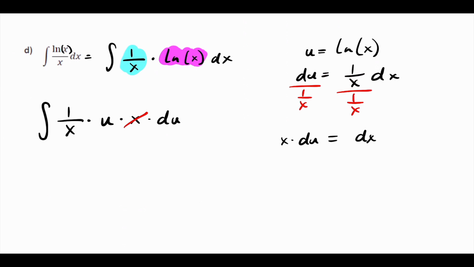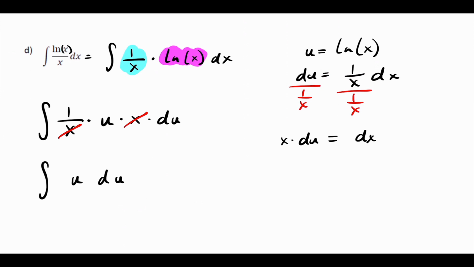That's what we want. I don't want to have x's anymore. I just want to have u's. So I just get u du. Had I chosen 1 over x as my u and then put it back, the x's would not have canceled out. That's how you know I did something wrong.